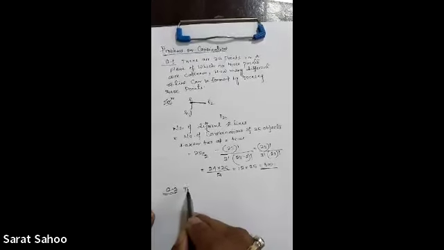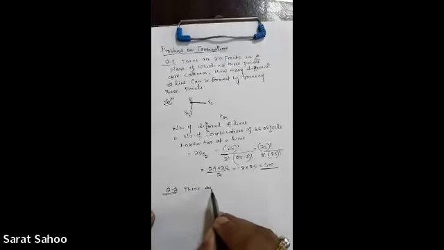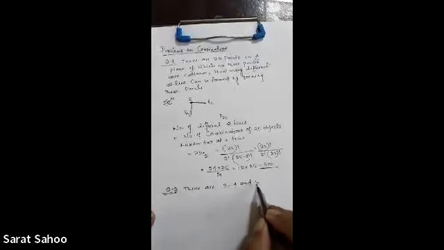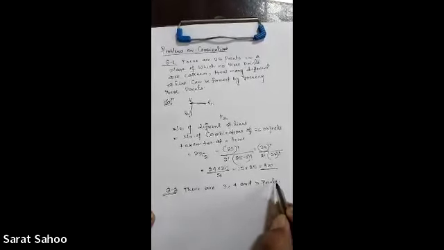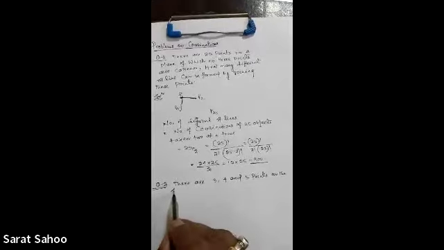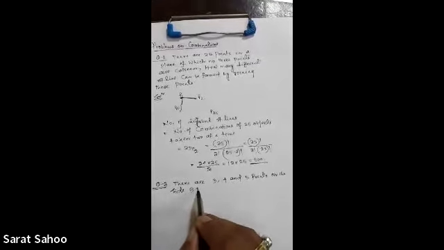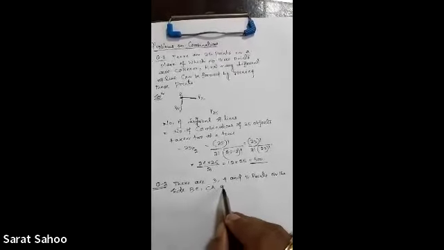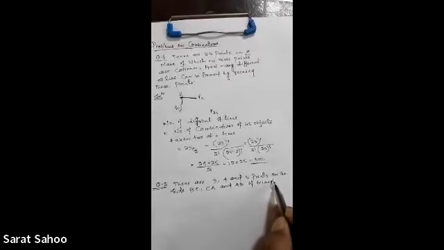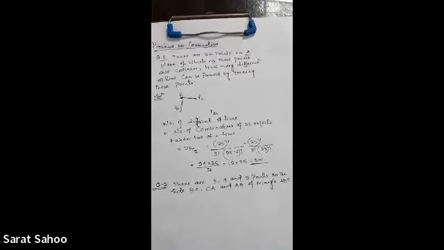There are 3, 4, and 5 points on the side BC, CA, and AB of triangle ABC.